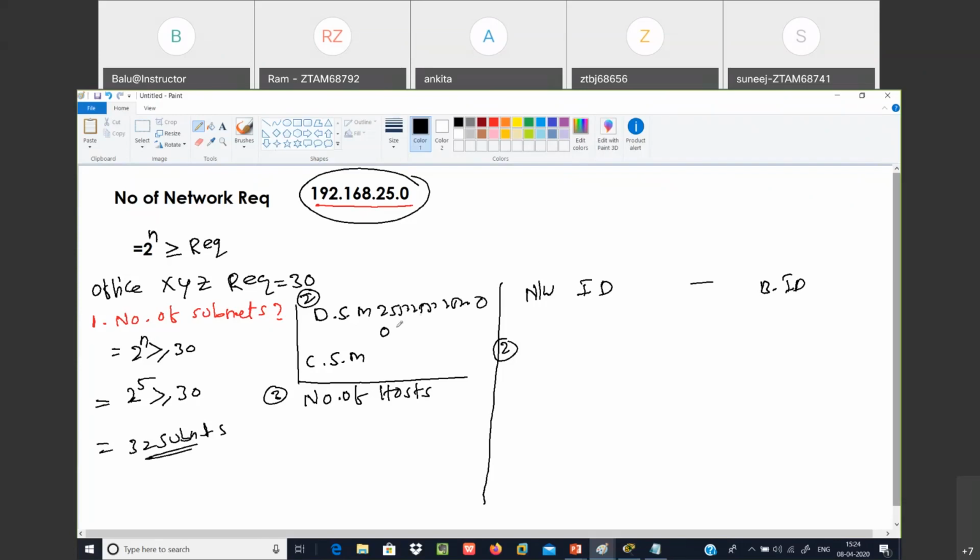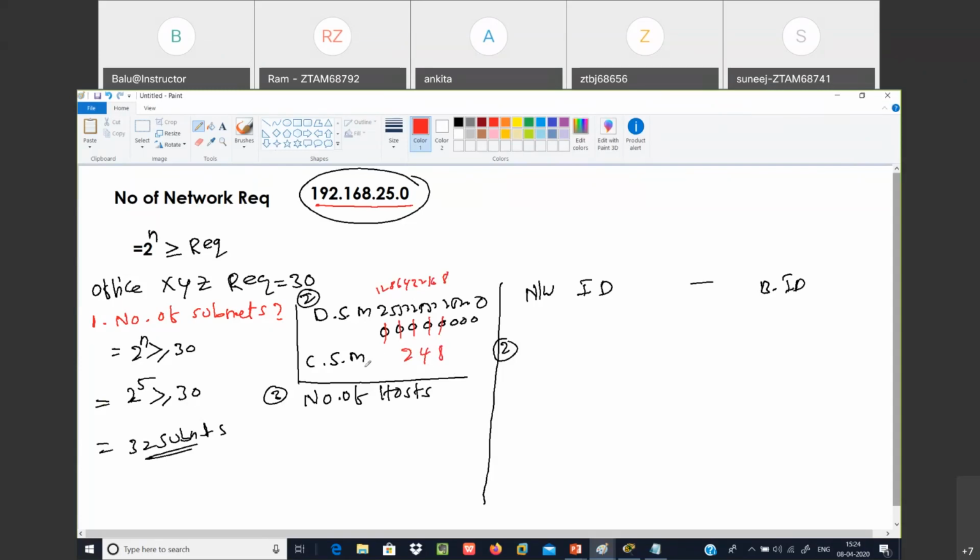The power value is 5, so convert 5 bits: 128, 64, 32, 16, 8. If you add it, it's 248, right?